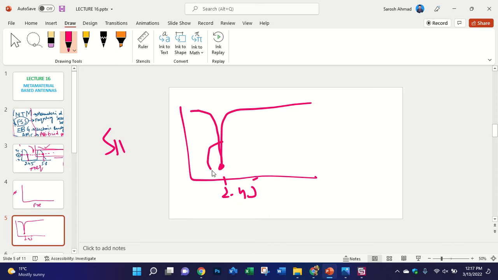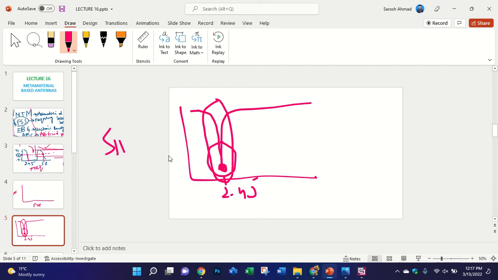It will only divert at the other frequency bands, and at the desired frequency band it will not divert this S11, this reflection coefficient. So that's why the phase must be 0 at this point, and it will give you high gain at this point.